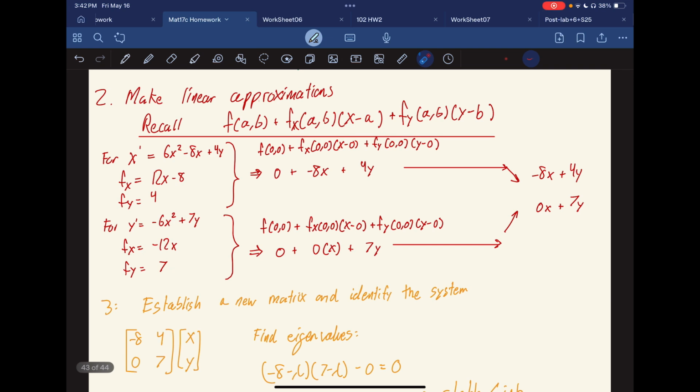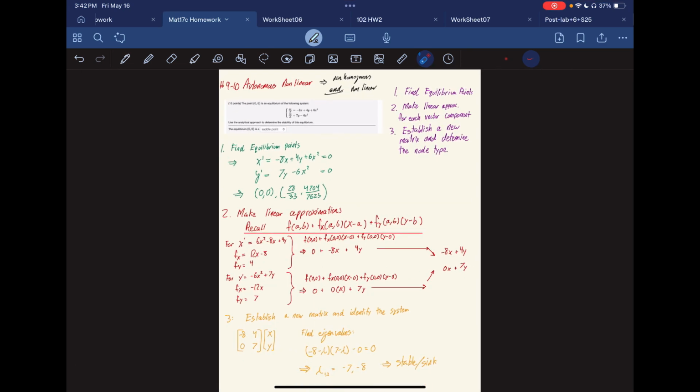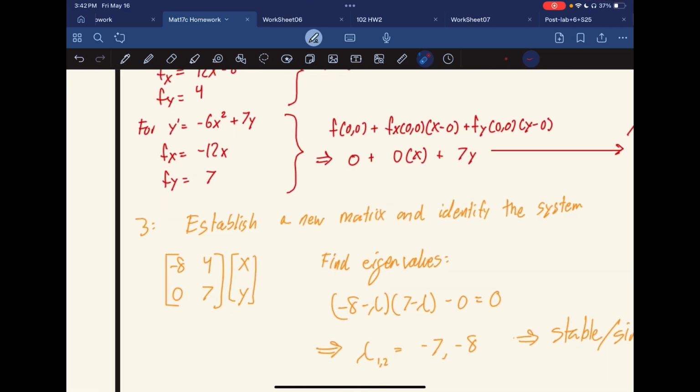So you plug in 0, 0, and you find that you end up with something like this. And guess what? That looks a lot like a matrix, and that's exactly what it is. That's what they're trying to get us to, a new matrix, which leaves us directly with step three: establish a new matrix and determine the node type.